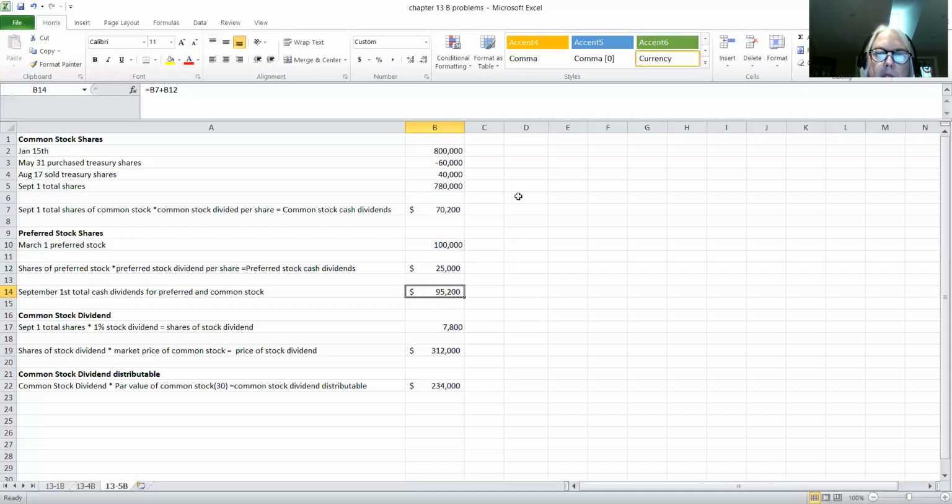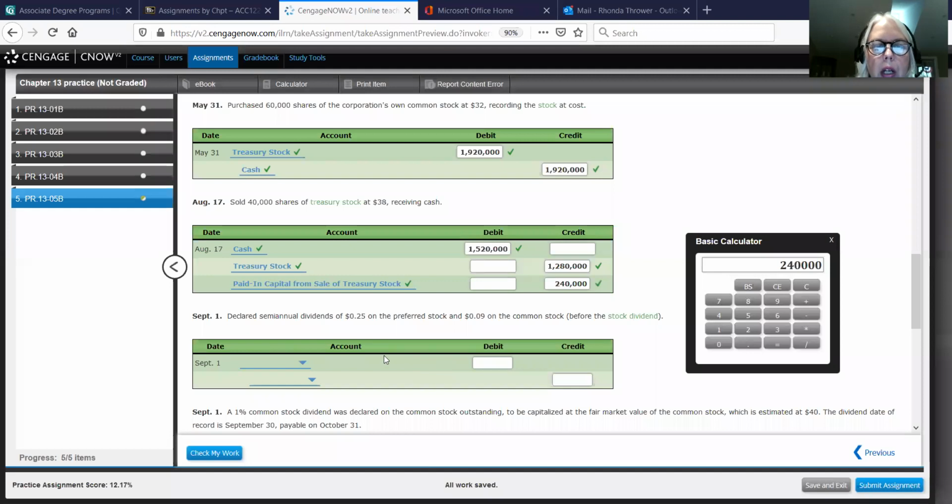So I'm going to flip back to the Cengage screen. And these were cash dividends, so we're going to debit cash dividends.